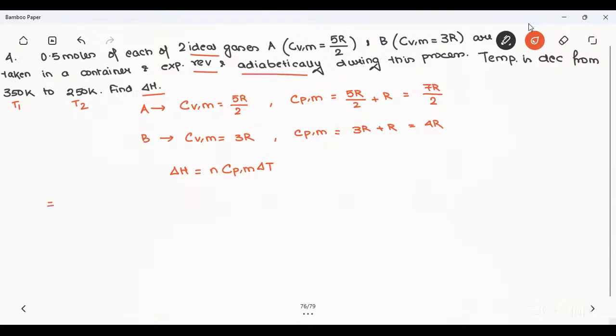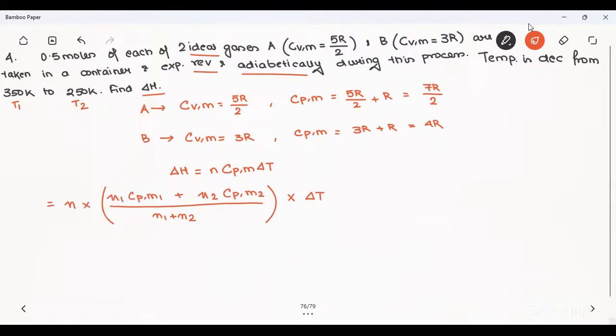I gave you a formula: n1 CPM1 plus n2 CPM2, divided by n1 plus n2. This is how we calculate CPM for a mixture of gases, right? Remember this formula? Yes, ma'am.